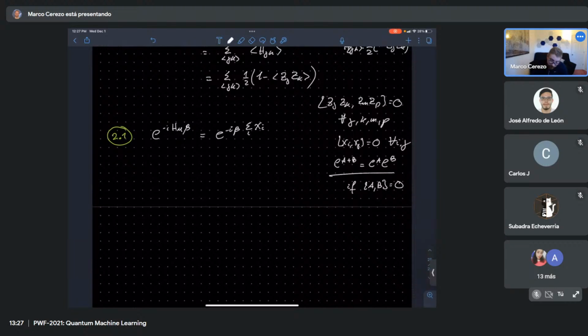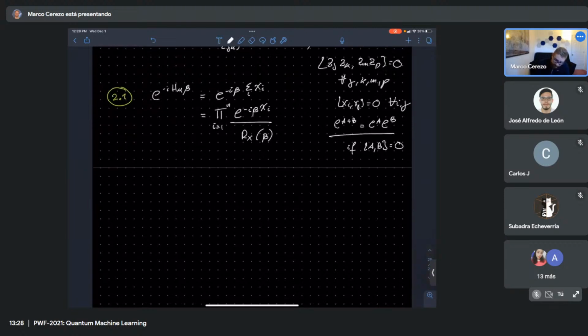Because of this, we can express this as a product over i going from 1 to n of e to the minus i beta X_i. And this is nothing but a rotation about the x-axis by some parameter beta. So how do we implement this in a quantum circuit?